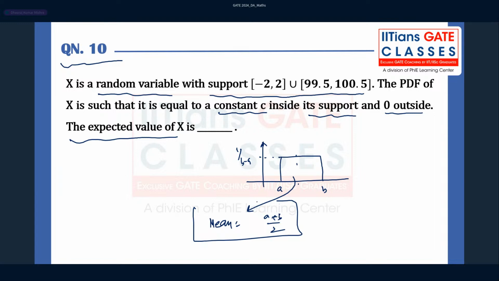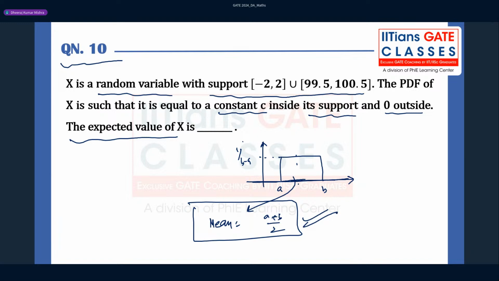The mean depends upon the values of the random variable that it takes, not on the height. You can find it directly in the case of a uniformly distributed random variable. Remember, this is only applicable for a uniformly distributed random variable. So your mean is going to be this.